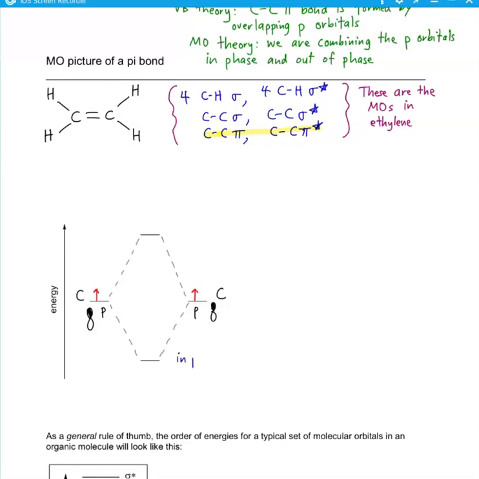The in-phase combination, which is the bonding combination, is a pi orbital, because we're dealing with a pi bond. And the out-of-phase combination, which is the antibonding orbital, is the pi star. So we have pi and pi star.